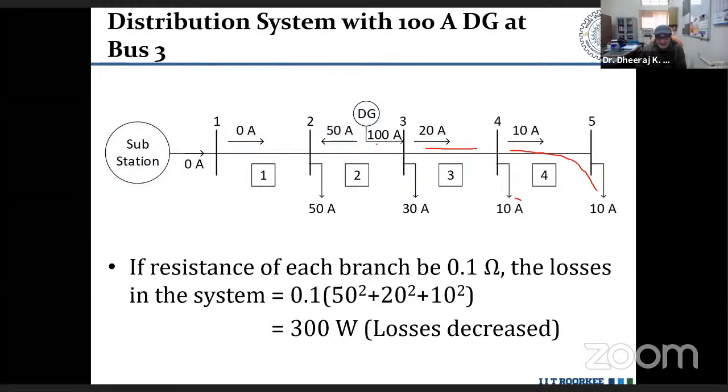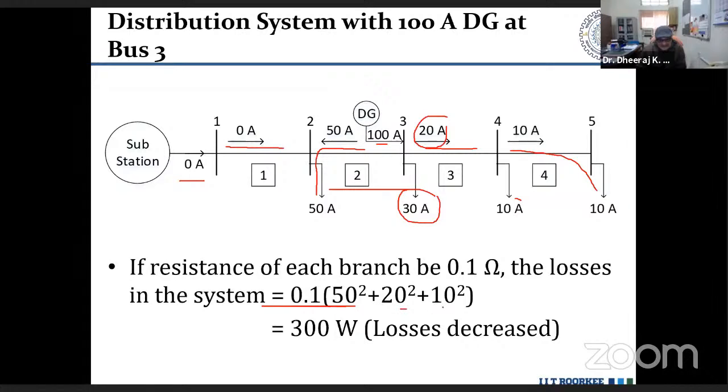Here we are having 100 ampere, 30 will be consumed here, 20 will be consumed here, so the remaining 50 will flow through branch number 2, and it will meet the load requirement at bus number 2. So again, there is no flow of current through branch number 1 and no contribution from the substation. So again, if we compute the losses, it is 50 square plus 20 square plus 10 square, that is coming to be 0.3 kilowatt.